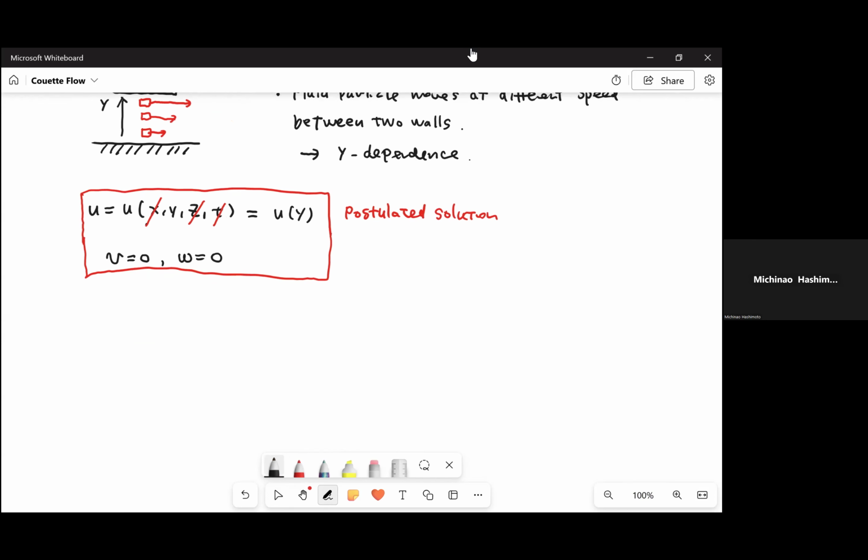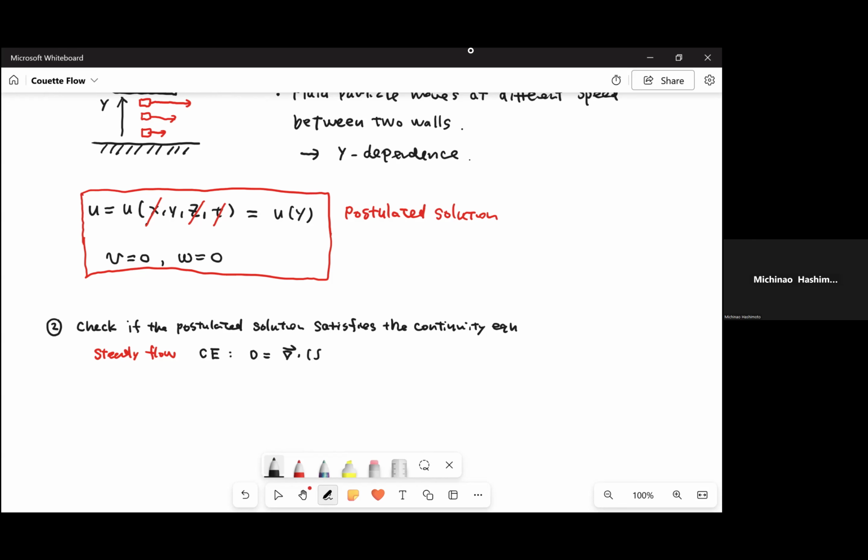The second part we want to do here is to check if the postulated solution satisfies the continuity equation, which in this case, for the steady flow, since we made a steady flow assumption, is 0 equals nabla dot rho v.